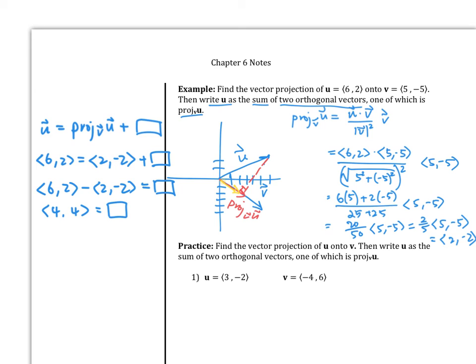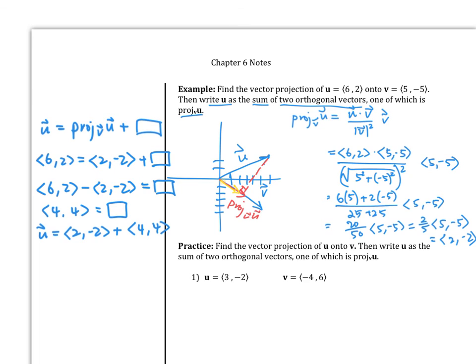So this vector points towards (4, 4). The last part, write the answer: u is the sum of the projection vector (2, -2) and the other vector (4, 4).